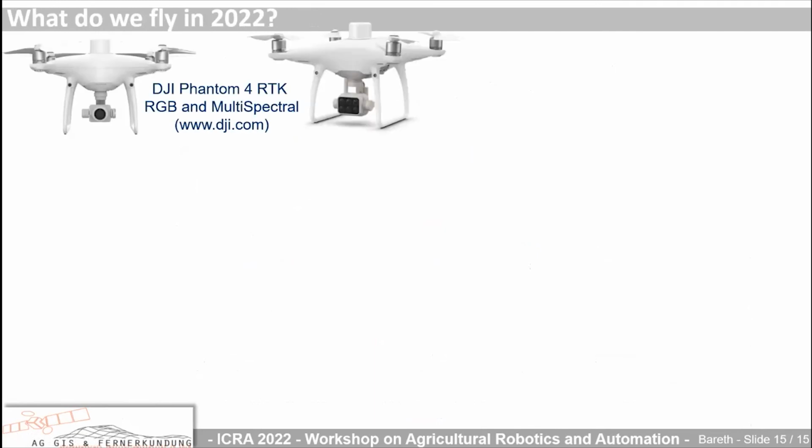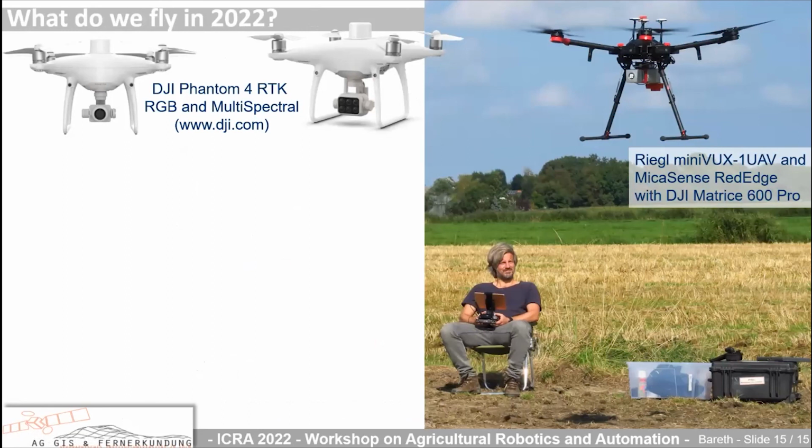So what is our research goal at the moment? What do we fly? We fly commercial DJI sensors, the RTK and the multispectral. We additionally fly a UAV lidar with a MicaSense mounted, which is a multispectral camera including the red edge.